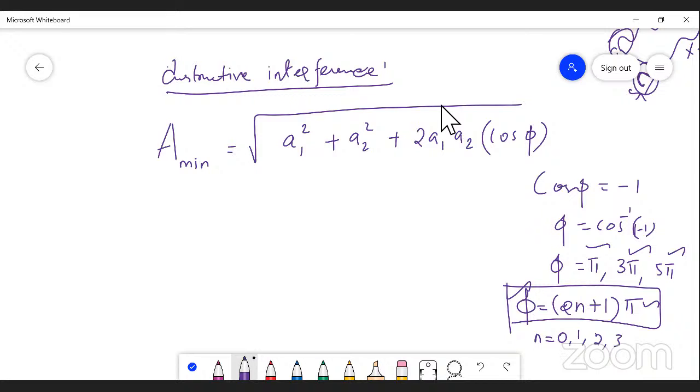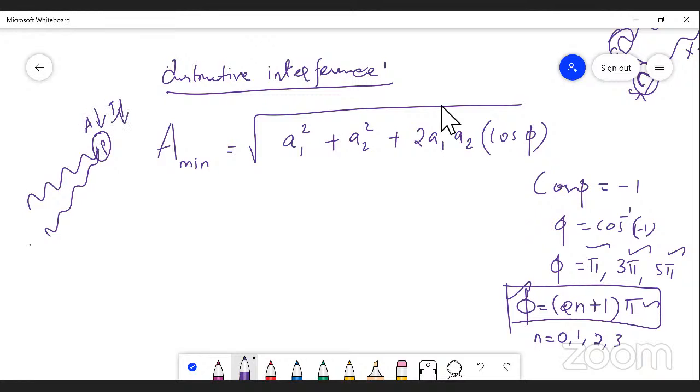If phi is an odd multiple of pi, the amplitude is minimum. If the amplitude is minimum, the two waves meet at a point P. For example, this is source S1, this is source S2. The point P must have minimum amplitude, and the intensity is also minimum.